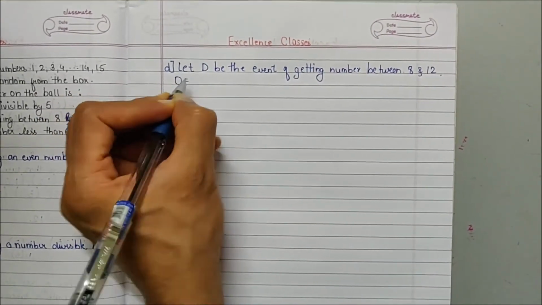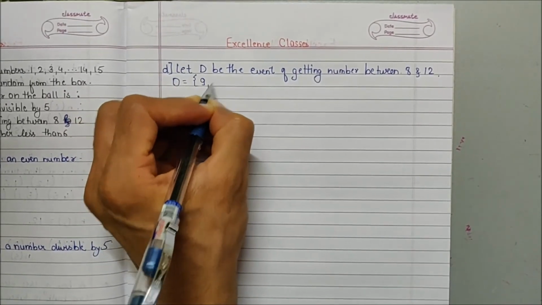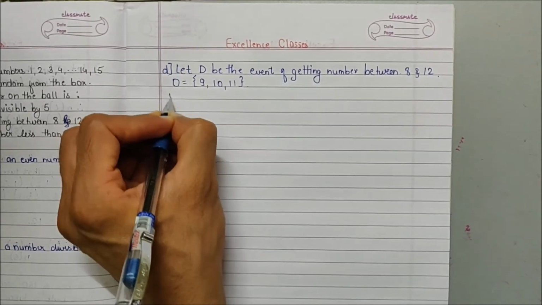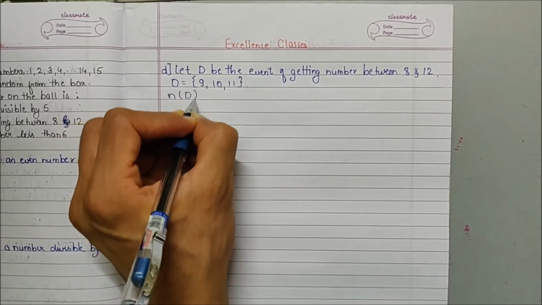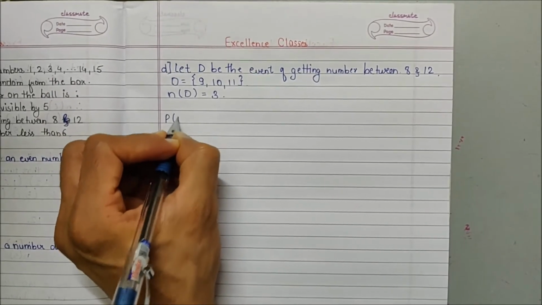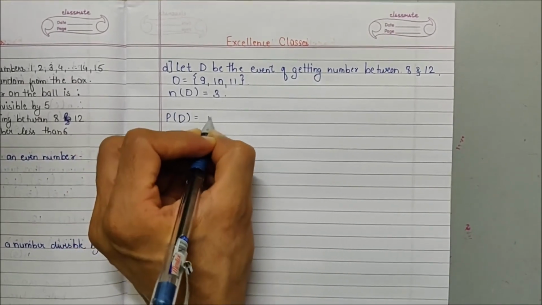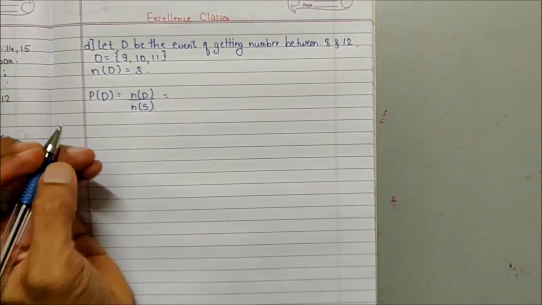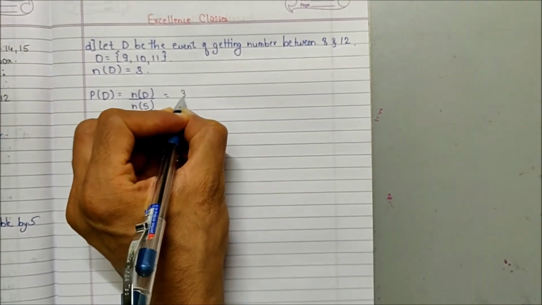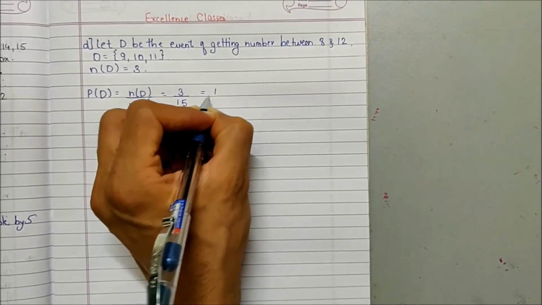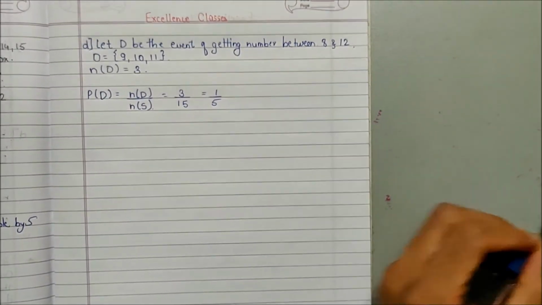So that event D is going to be 9, 10 and 11. So N of D will be 3. P of D will be N of D upon N of S, which will be equal to 3 by 15. So it is 1 upon 5.